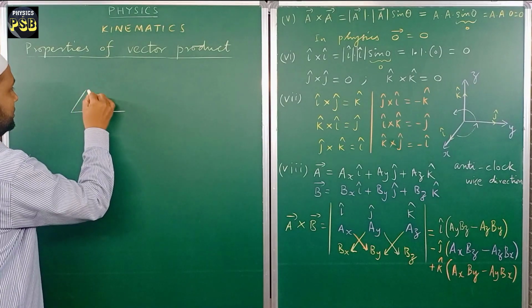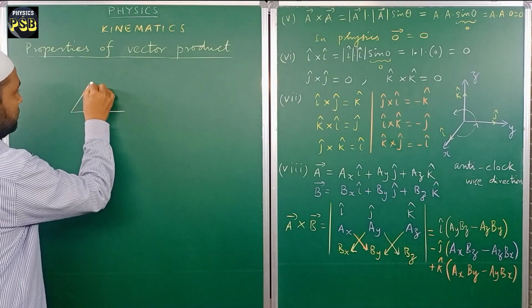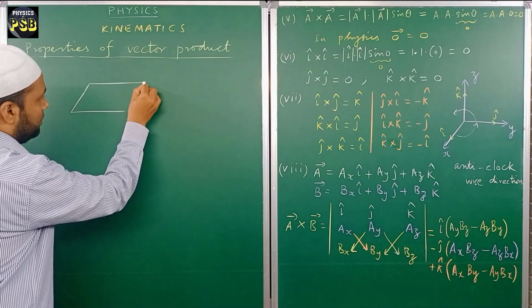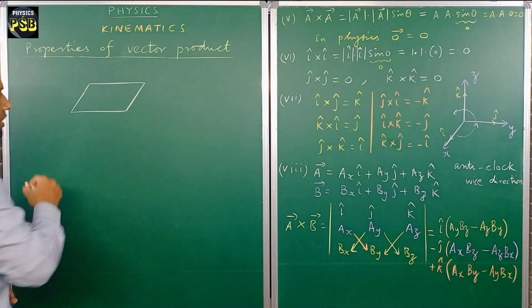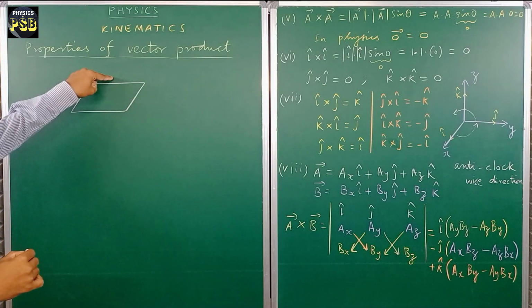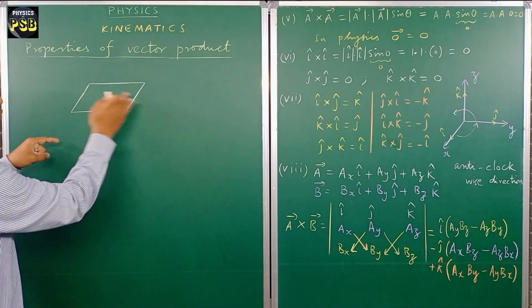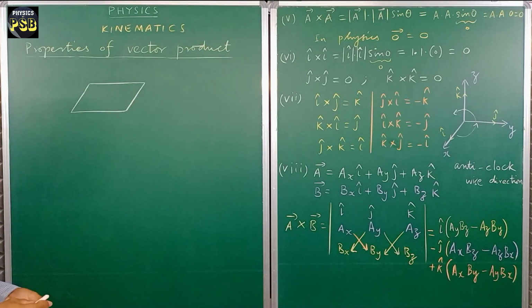Now it appears something like this. What is shown here is nothing but a parallelogram. Here if you see, the opposite sides are parallel to each other. These two are parallel to each other. In a similar way, these two sides are also parallel to each other.